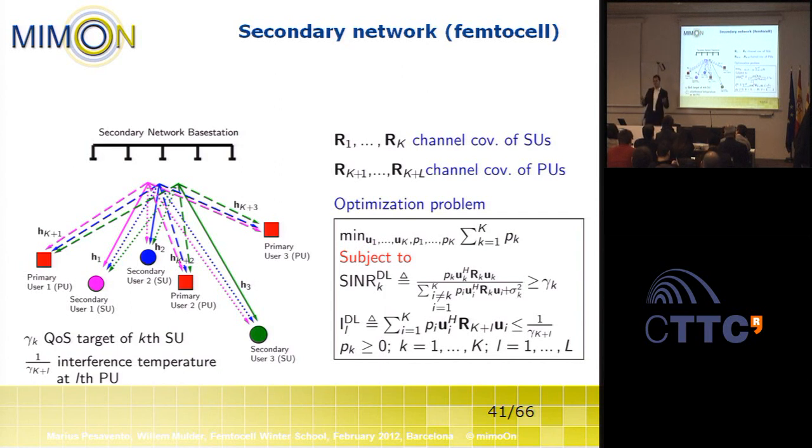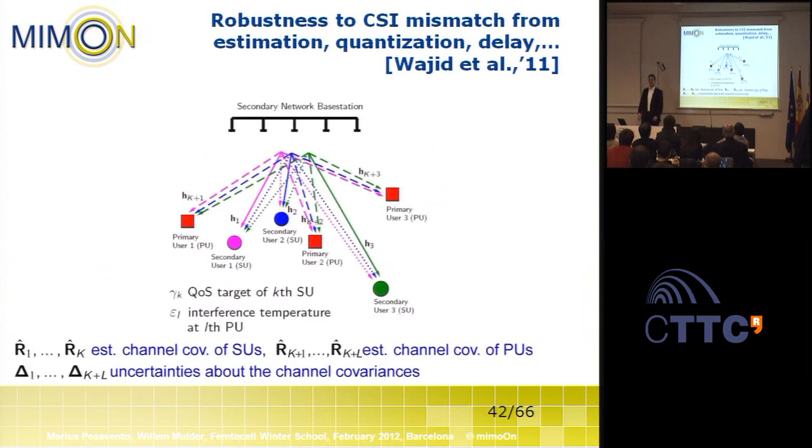This could, for example, also be achieved using channel reciprocity if we have a TDD system. But of course, it's much more difficult than acquiring the channel conditions for the femtocell users, because there will not be any feedback from the macrocell users. So we can expect that the channel state information that we have in this case is erroneous in general. So we need a different design in this case.